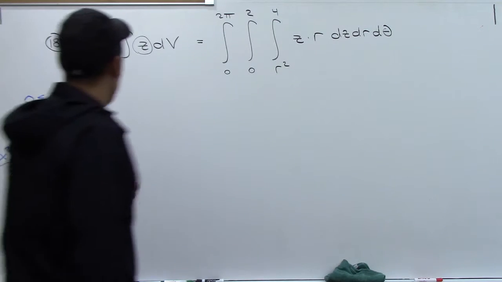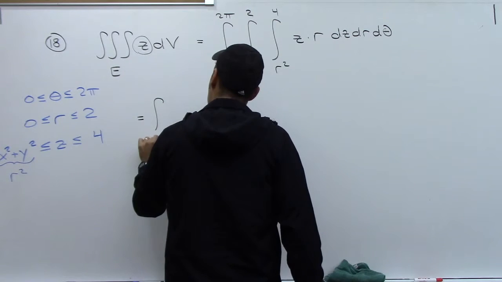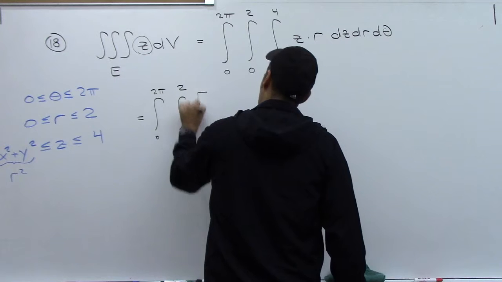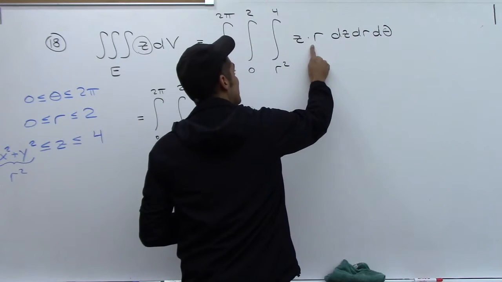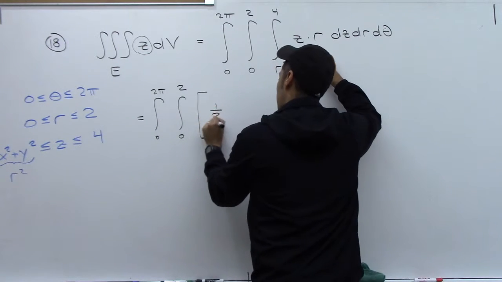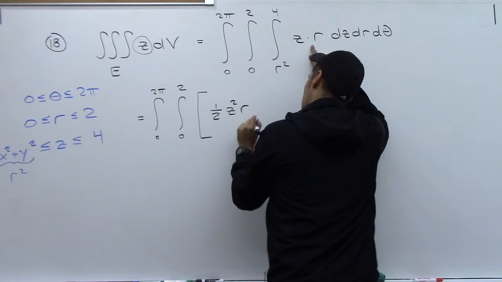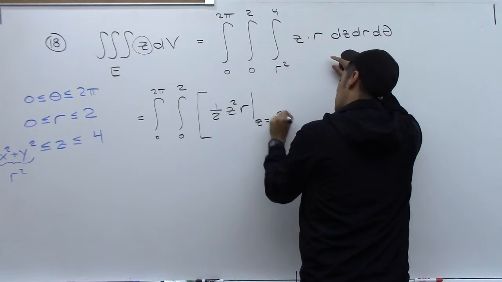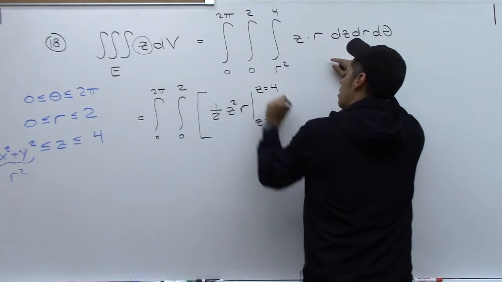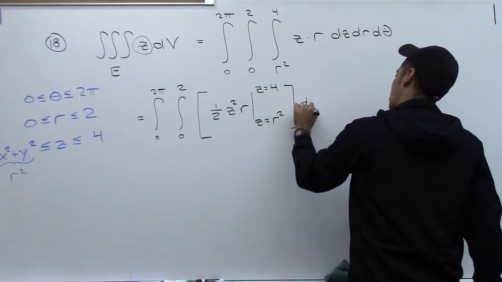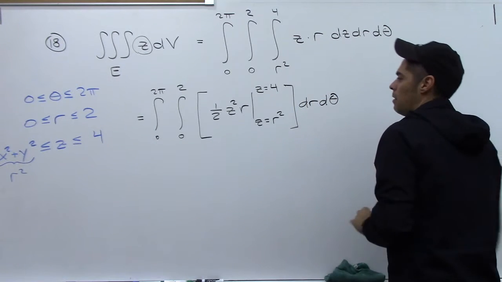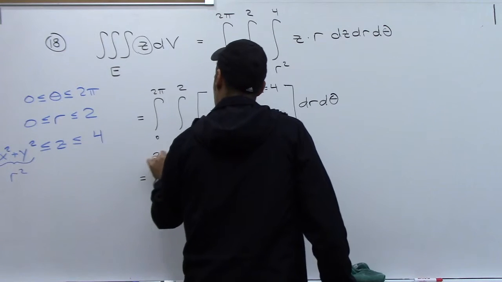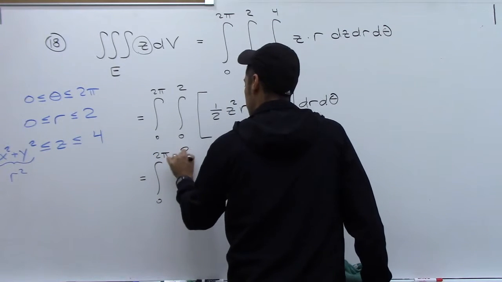Now I'm going to integrate. So 0 to 2 pi, 0 to 2. The antiderivative of this with respect to z is 1/2 z squared r, evaluating from z equals r squared to z equals 4, dr d theta, which is equal to the integral from 0 to 2 pi, the integral from 0 to 2.